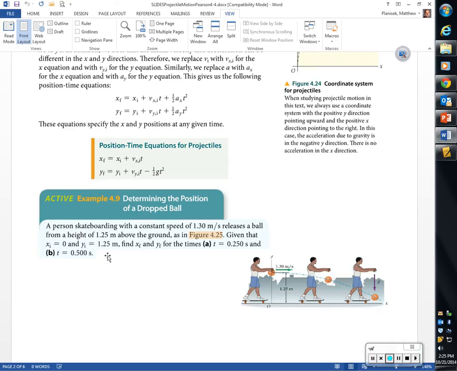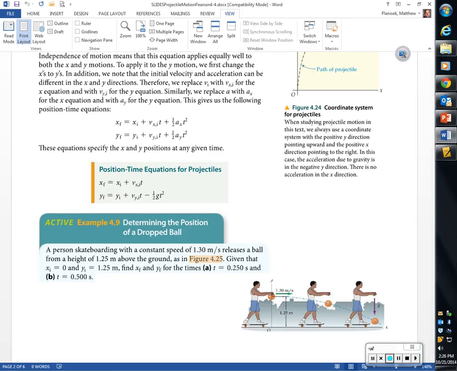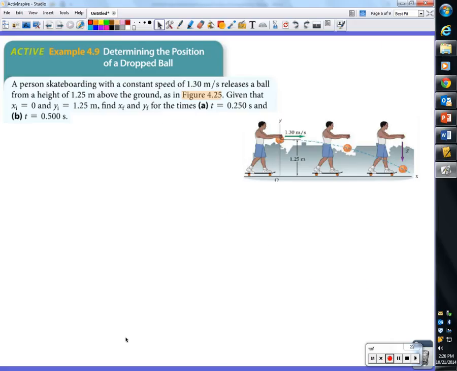Let's take a look at active example 4.9, determining the position of a dropped ball. So here, it says, a person skateboarding with a constant speed of 1.30 meters per second releases a ball from a height of 1.25 meters above the ground, as in figure 4.25.